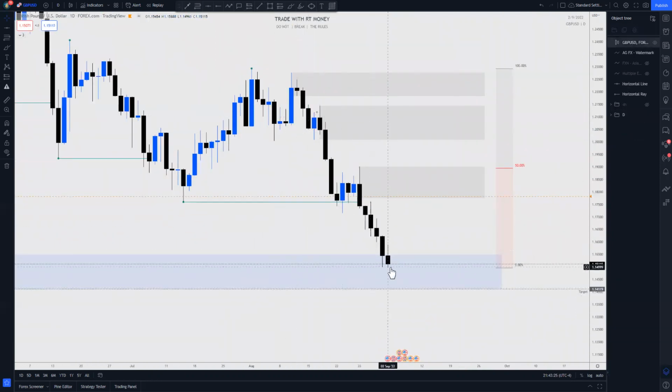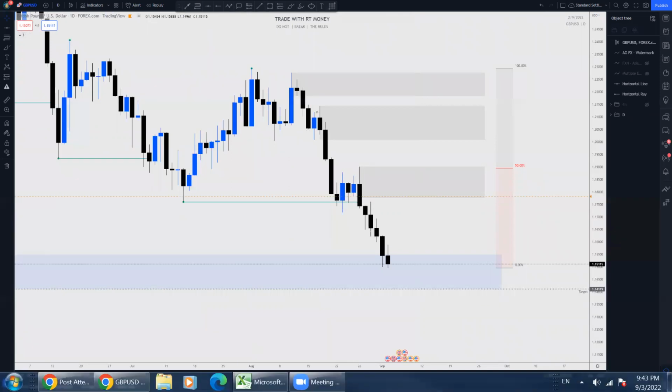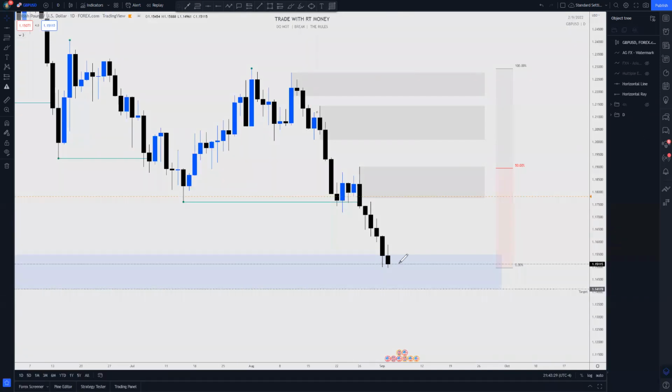Should price find some kind of support here, we're going to see price do something like this. We have to see a break of market structure to demonstrate that price wants to turn around, and we'll wait for the return to impulse.